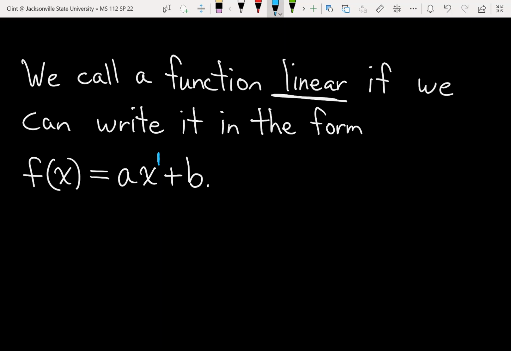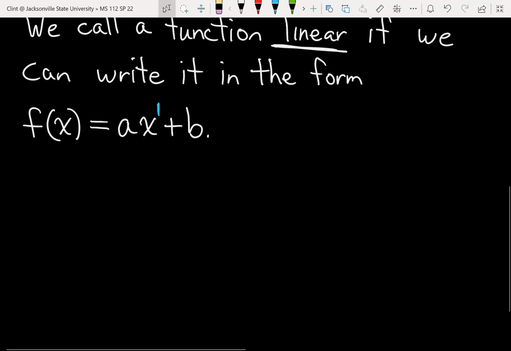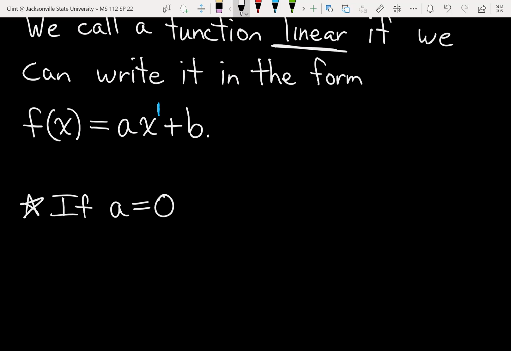One little exception, one that looks a little bit different. So just take note of this one. If a equals 0, then what's our function going to look like? So 0 times x plus some number. We'll just have some number. So if you have a function that is just a number, it's just constant, that's also linear.